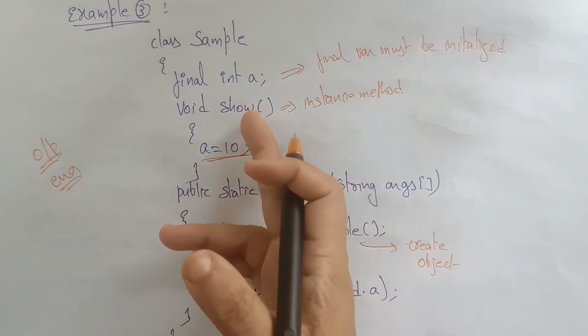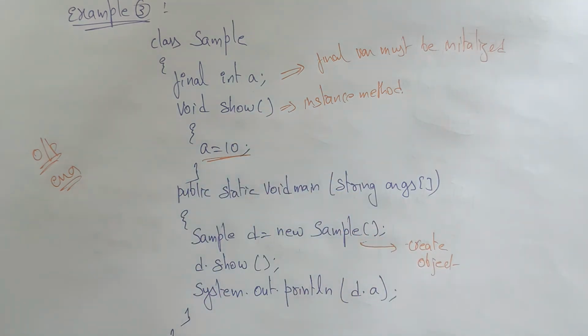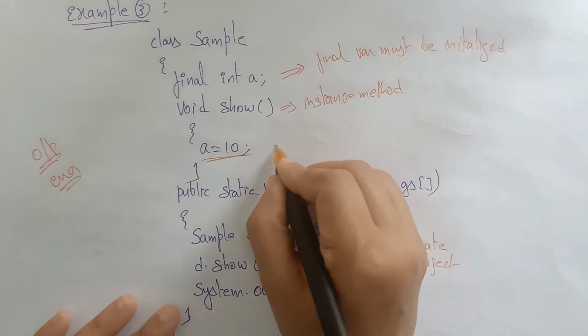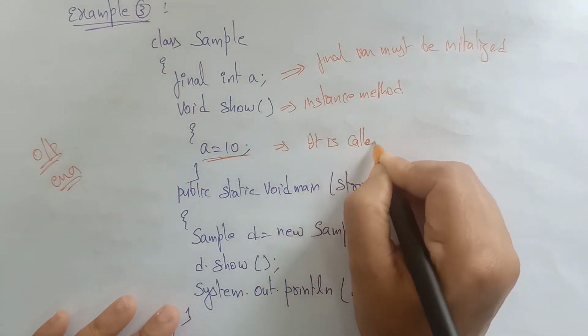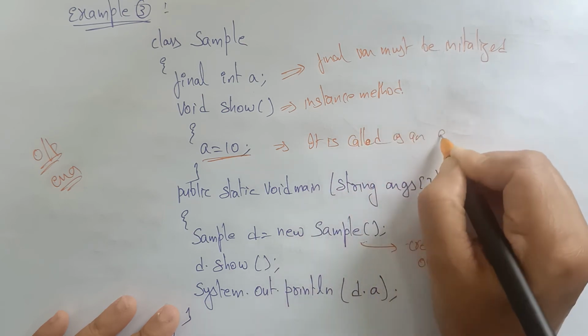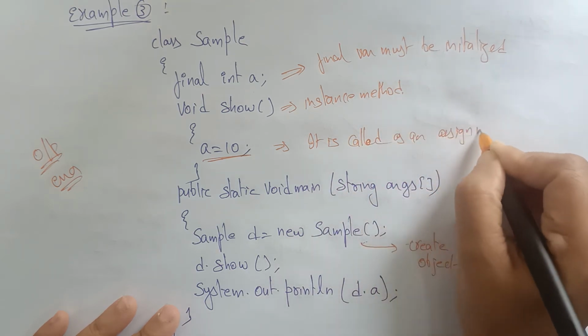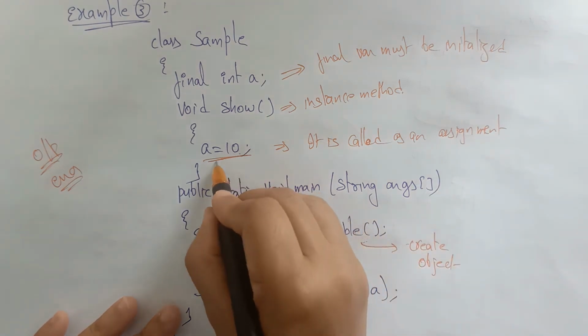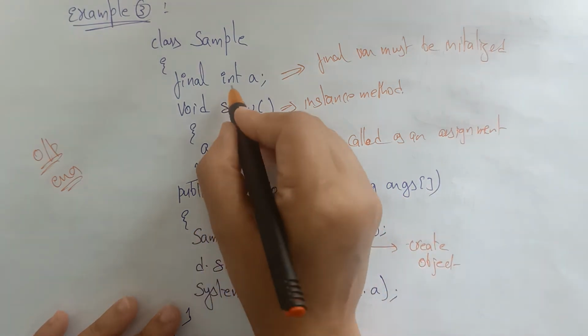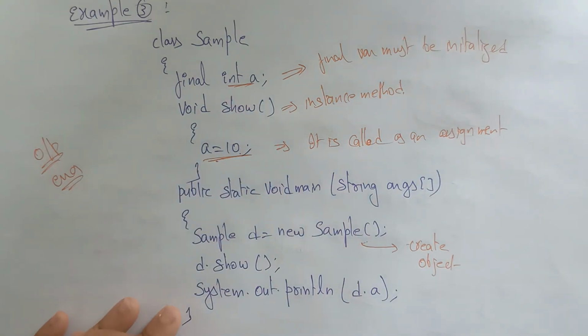Because it is called an assignment, not an initialization. I am assigning the value 10 to A, but it is declared as final.